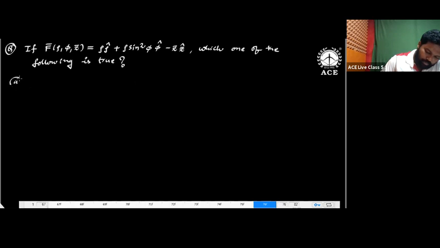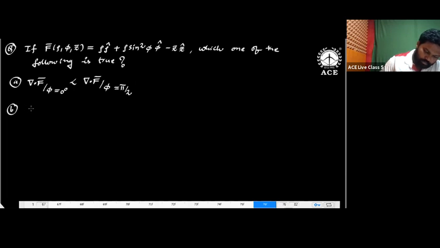Options are given, beta. Option A, divergence of f at phi equal to 0 is less than divergence of f at phi equal to pi by 2.